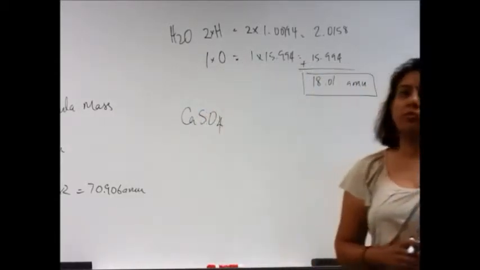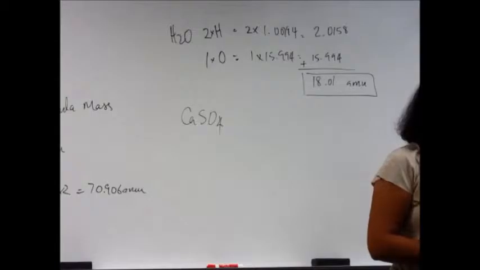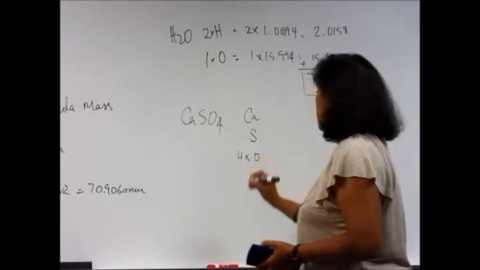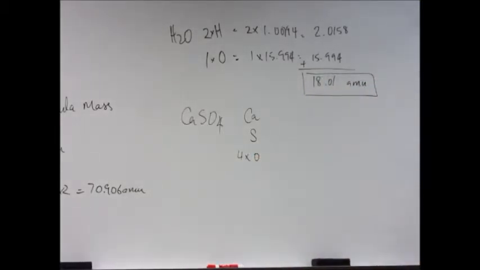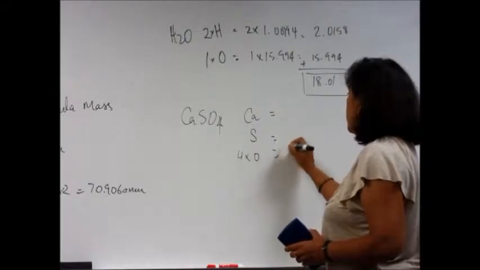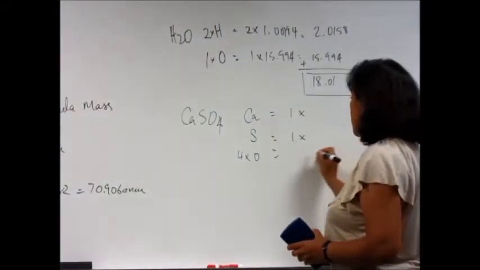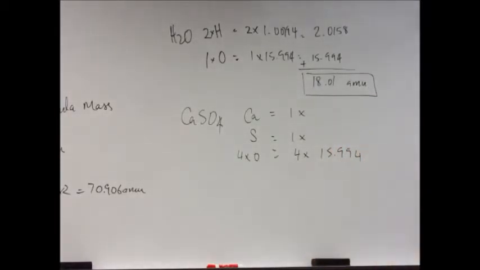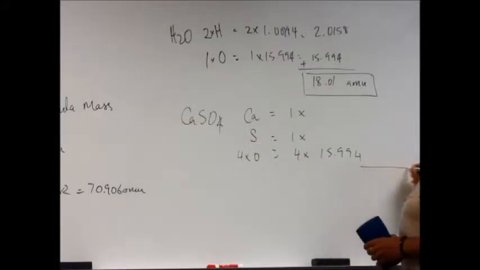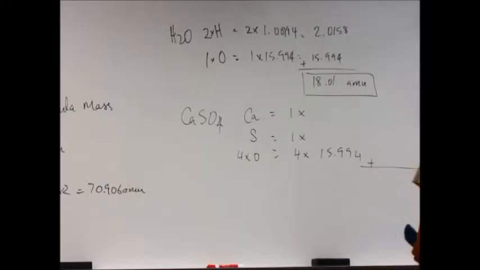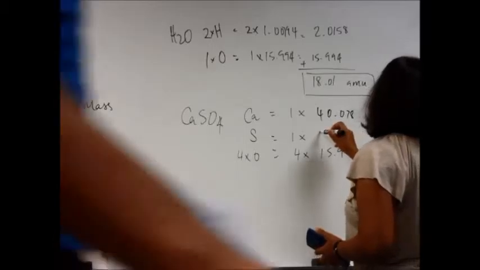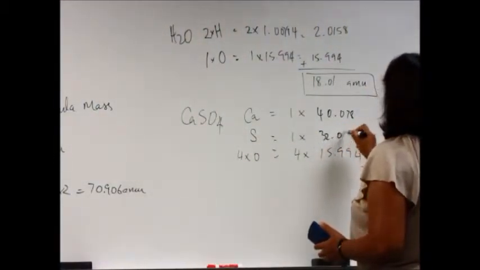We'll take the same one that we had before. Calcium sulfate. If you're calculating the mass of this, what I would do is separate this out. Find the mass of each of them: 1 times calcium, 1 times sulfur, 4 times oxygen, and of course I have that written out right there. Then you do the addition of everything there. Keep it systematic. Calcium is 40.078 and sulfur is 32.066.